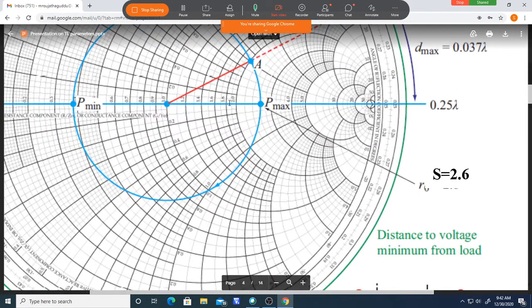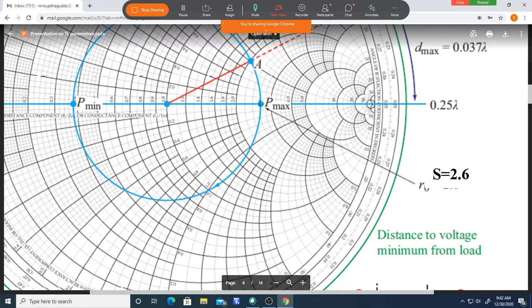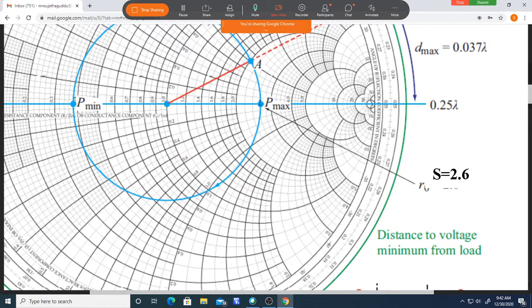This is 2, this is 4, and this circle is 3, so it is around 2.6, maybe 2.67. So this position has a normalized impedance of 2.6, and the impedance changes like this.